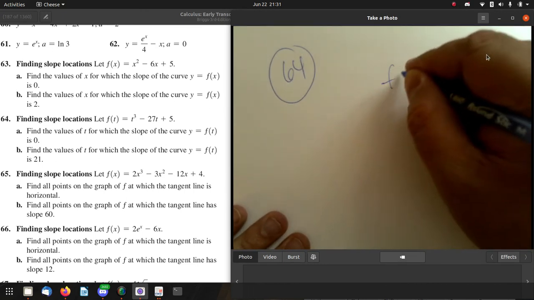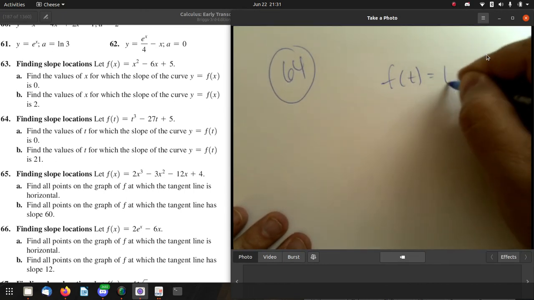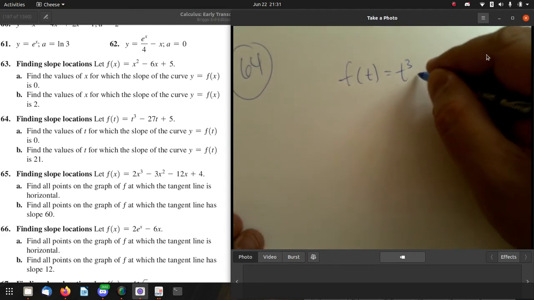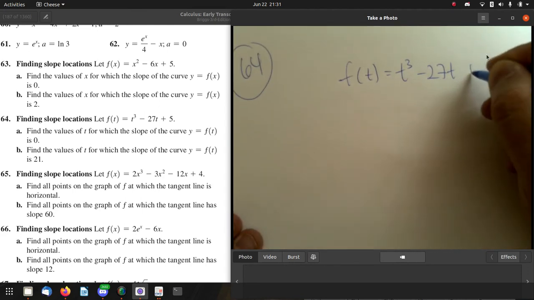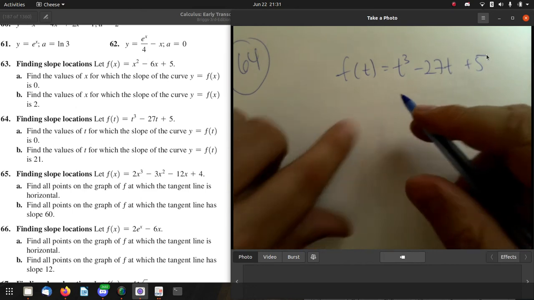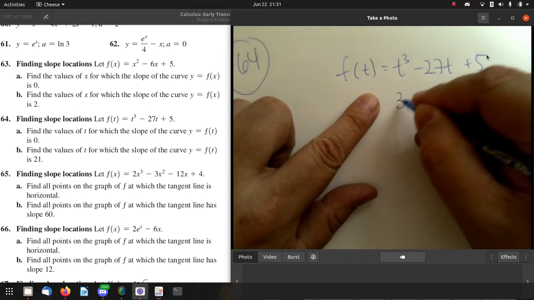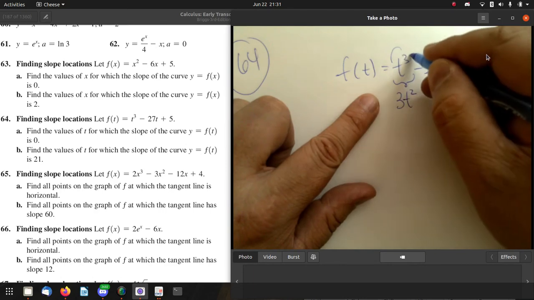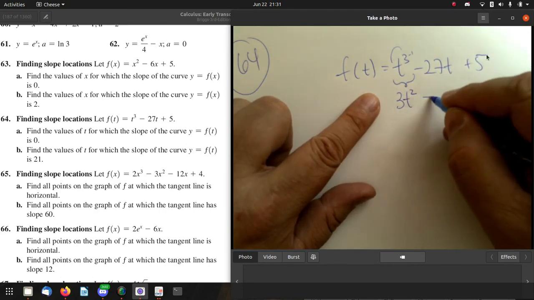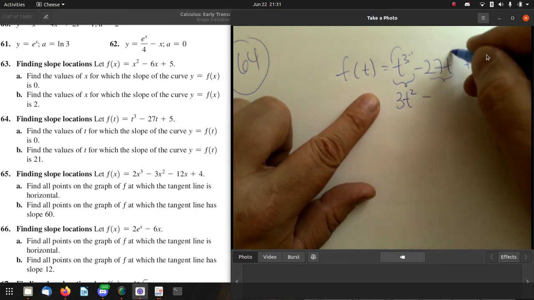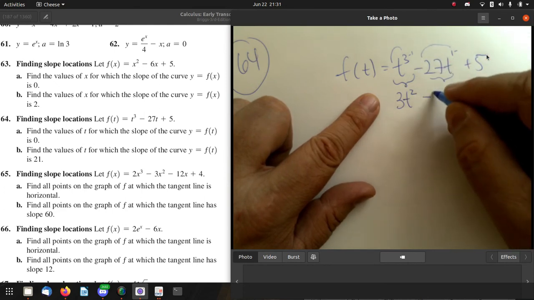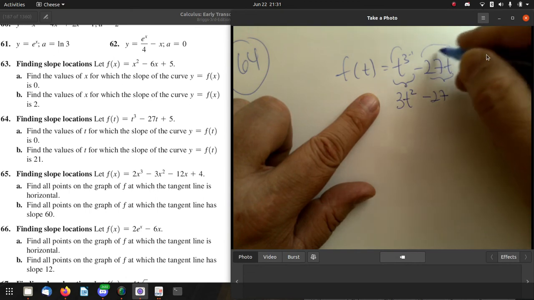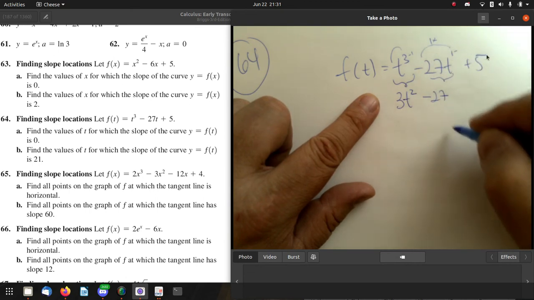Let's go for it. So if we have f of t equals t cubed minus 27t plus 5, what we're going to do here is do the derivative of each of the terms. So the derivative of that, we multiply the 3 in front, subtract 1, and we get this. The derivative of this guy, remember, we're going to multiply the 1 in front. 1 times negative 27 is just negative 27, because 1 times anything is itself.